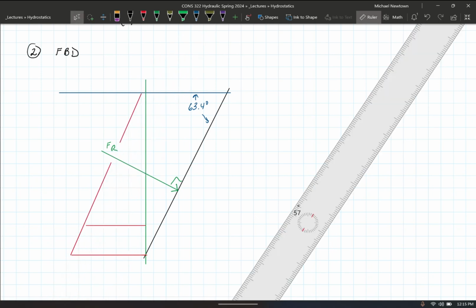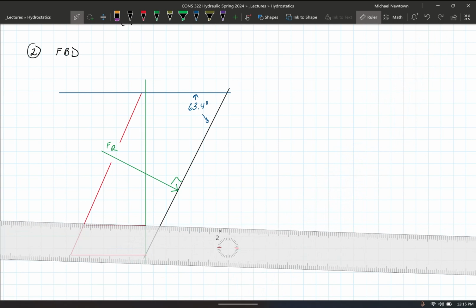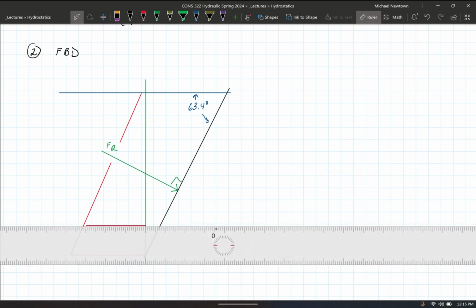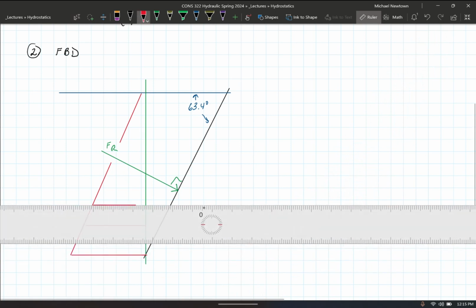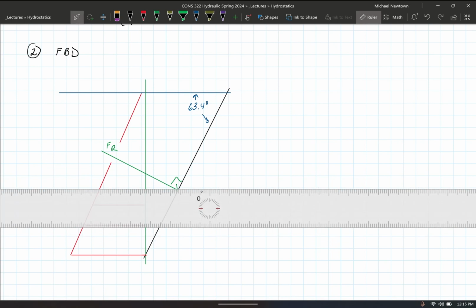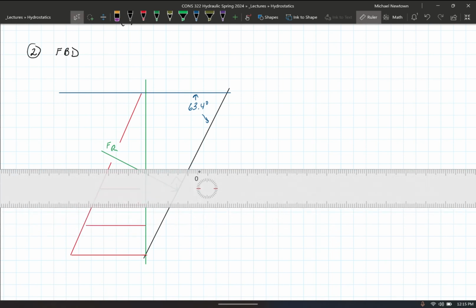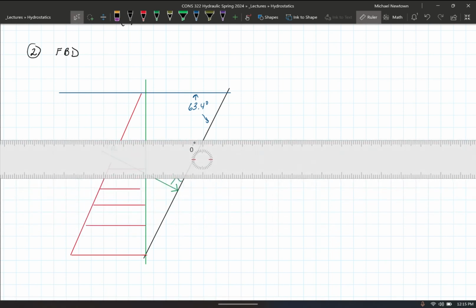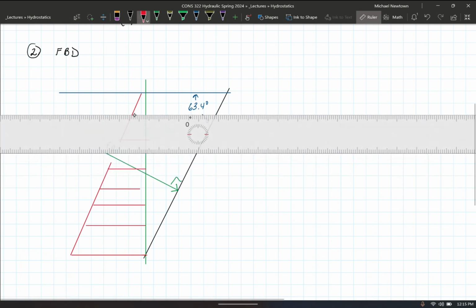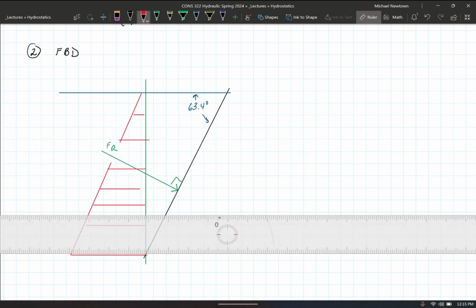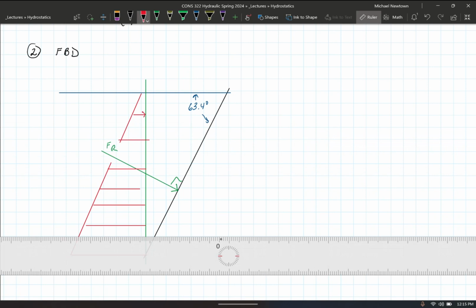Okay, so as you think about this, and you definitely don't have to get into this much sketching when you do these problems, but you need to think in terms of the concept.